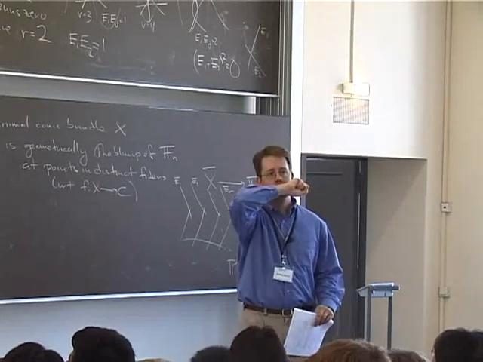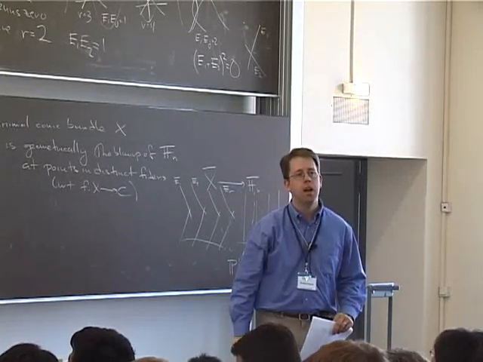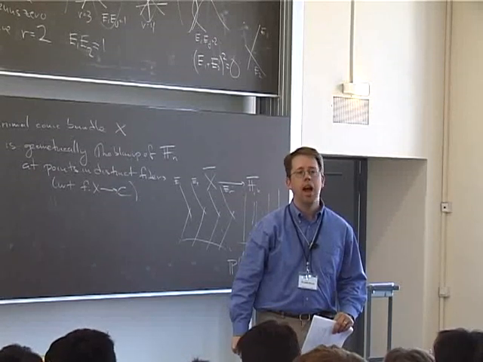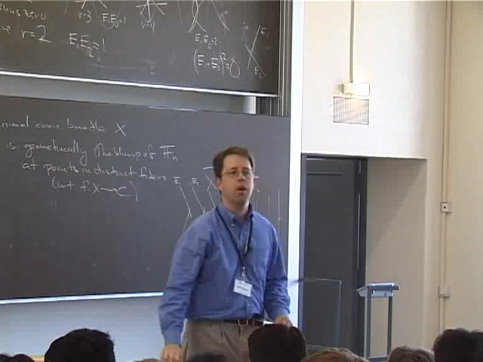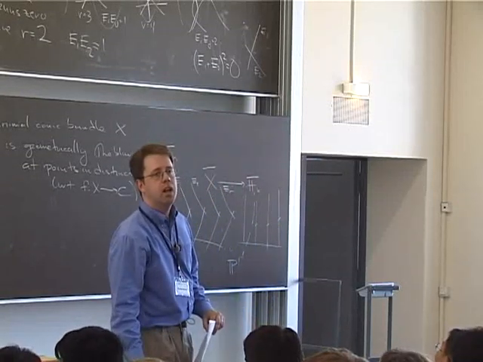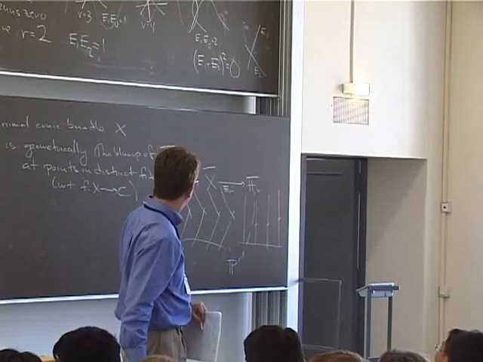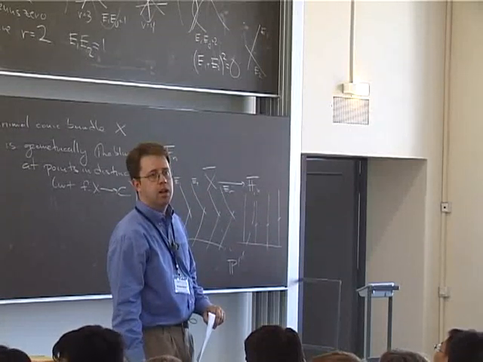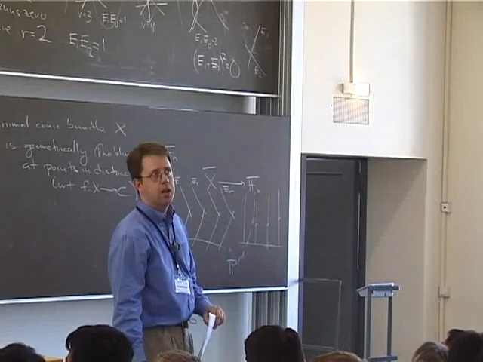Yes? I can't hear you. I'm sorry. You have to speak louder. Why does the minus 1 curve actually live in the fiber of X bar? That's because at first we factored in whatever blow up we were going to take the minimal one.